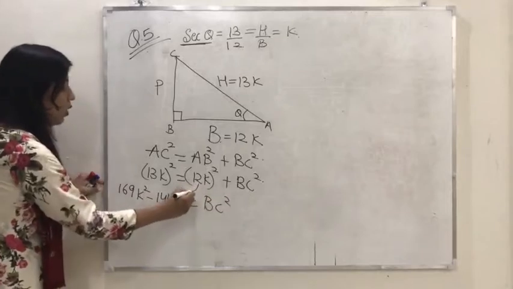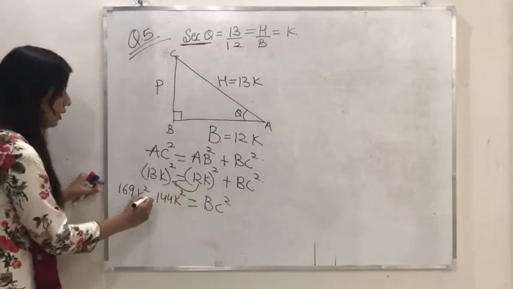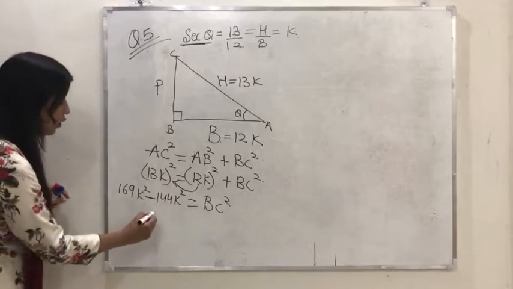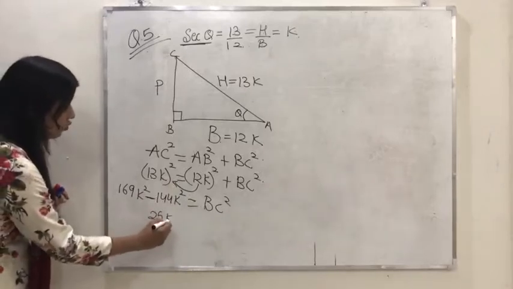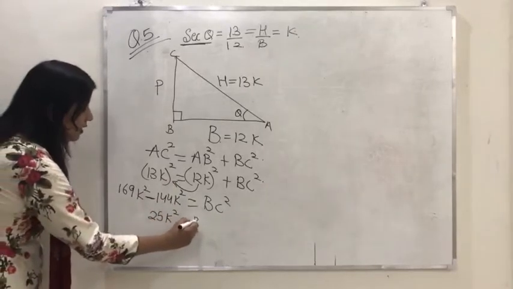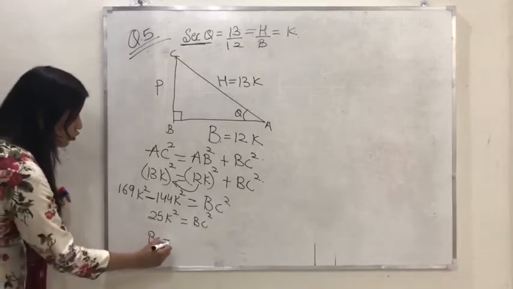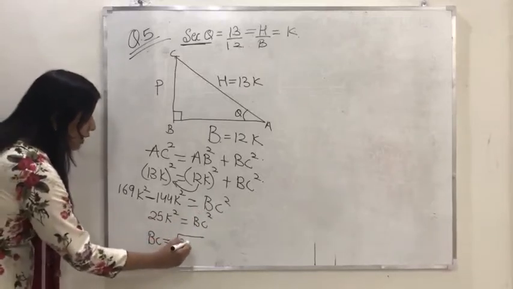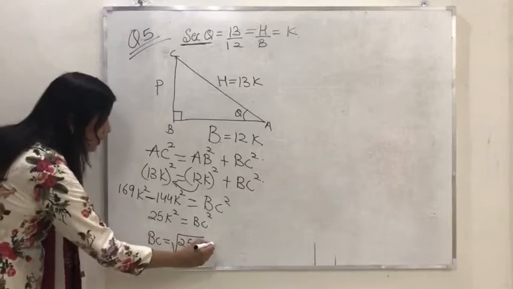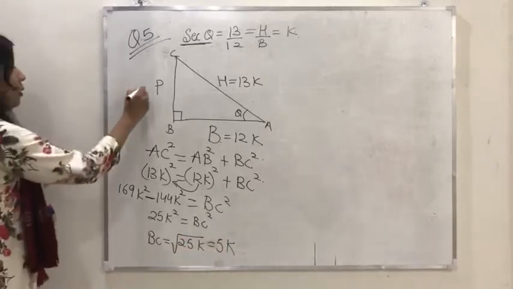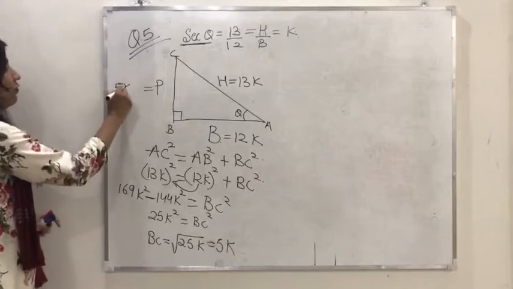When 12k square goes to the left side, here you will get minus. So 169 minus 144 is 25k square, which is your BC square. So your BC will be the square root of 25k square, that is equal to 5k. So you get your perpendicular equal to 5k.